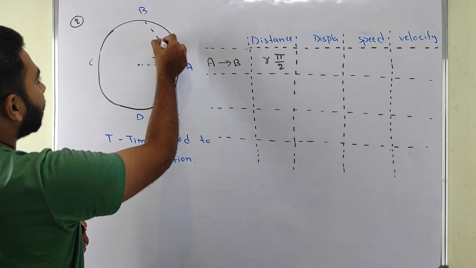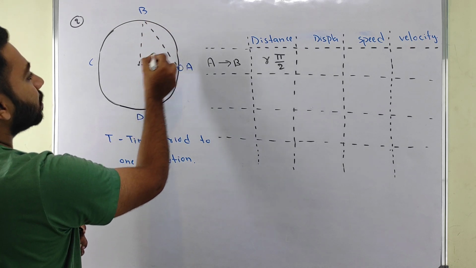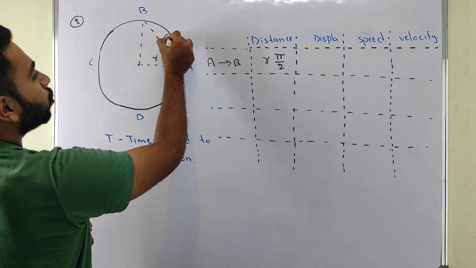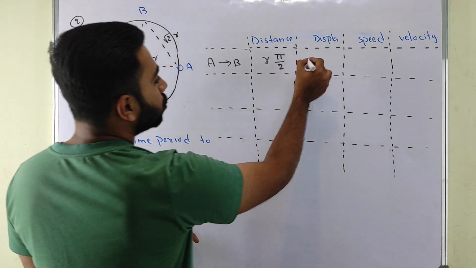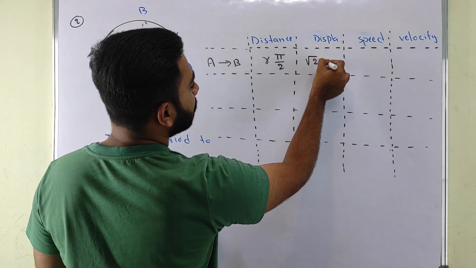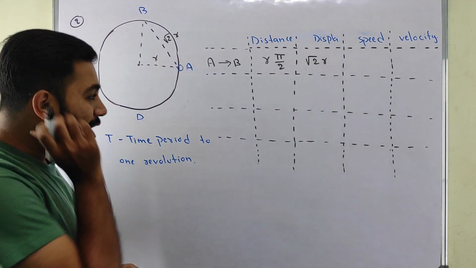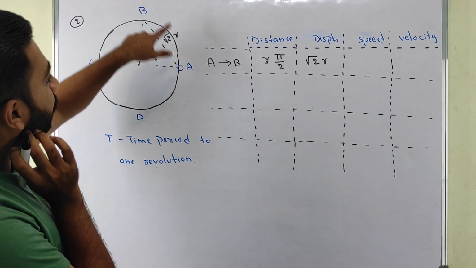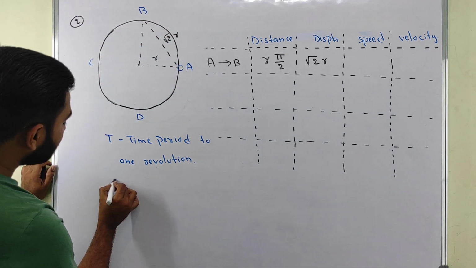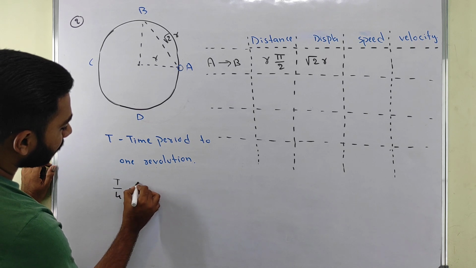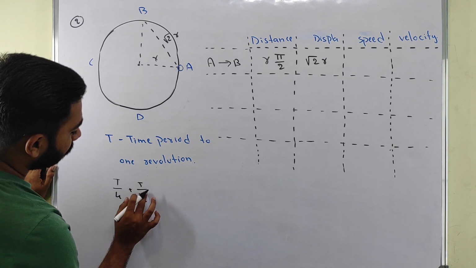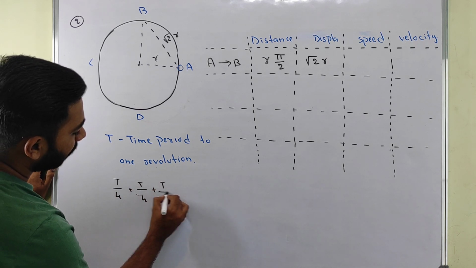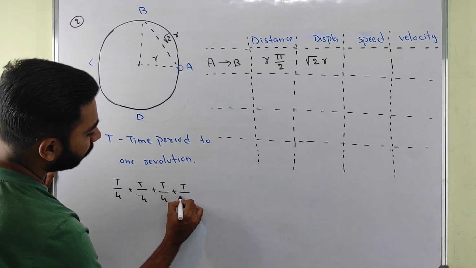The displacement covered is this one, and this value is root 2 times r. Now I said the overall time period is T. Then to move from here to here, the time taken is T by 4.